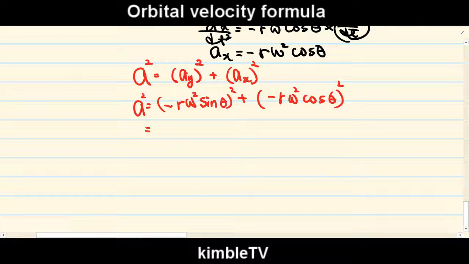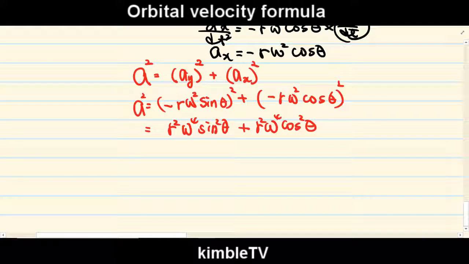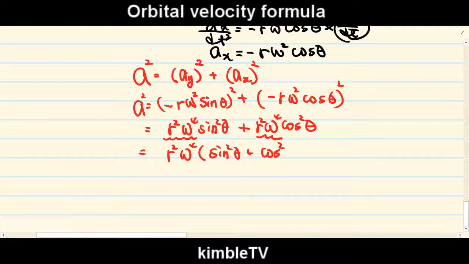Therefore, r squared omega to the power 4 sine squared theta plus r squared omega to the power 4 cos squared theta. Take the common factor r squared omega to the power 4 out: r squared omega to the power 4 times sine squared theta plus cos squared theta.